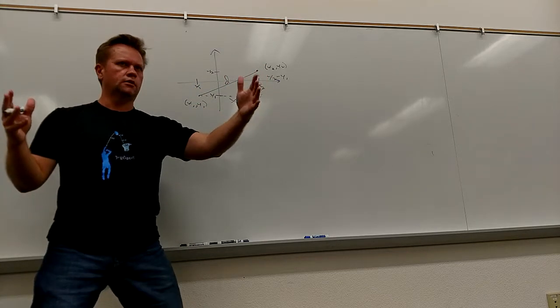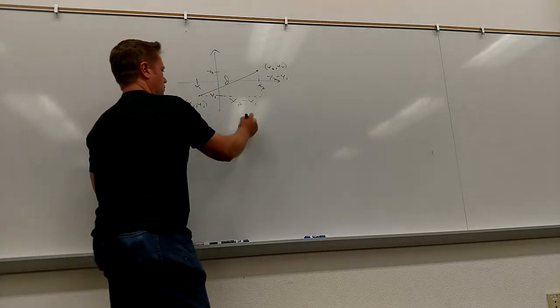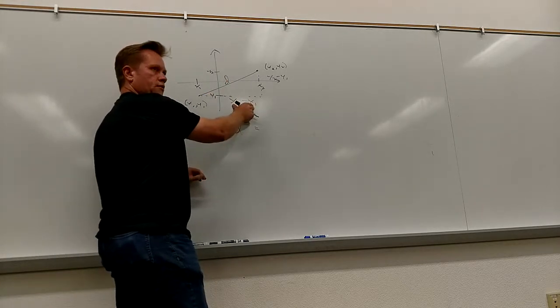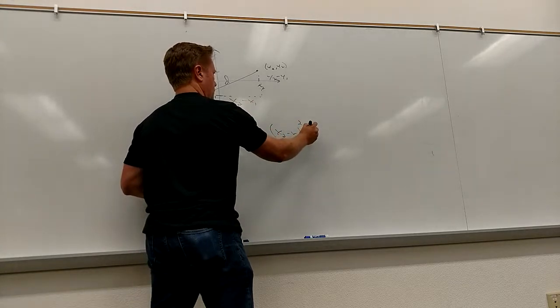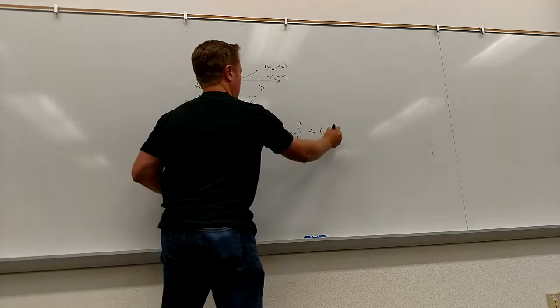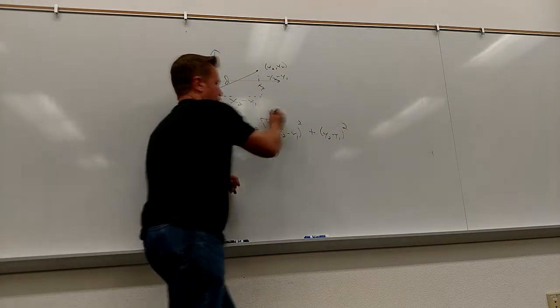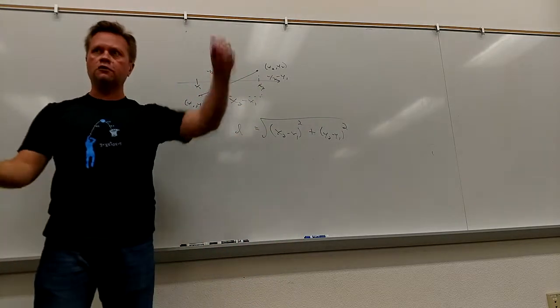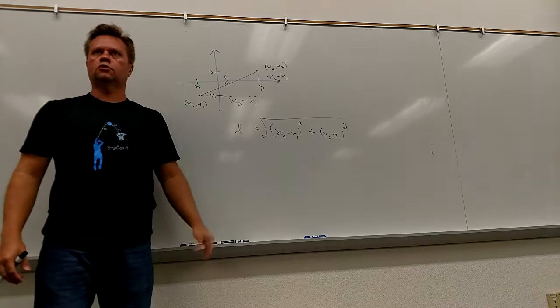You guys still with me? What's Pythagorean theorem say? This squared equals this side squared plus this side squared. So then distance is the square root of that. So they give you 2 points. You plug them in, chug it out, no big deal.